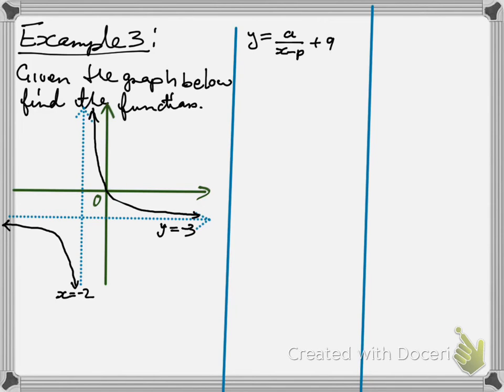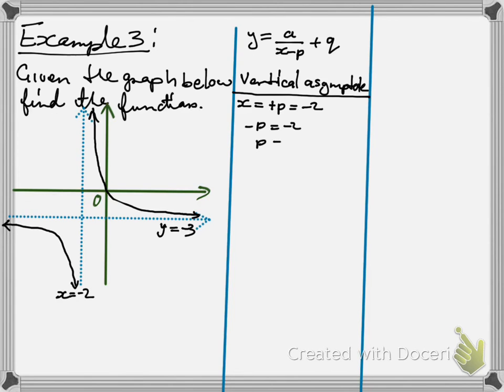Right, so here you write down the equation, which is y equals a over x plus p, plus q. For the vertical asymptote, it's supposed to be x equals negative p.